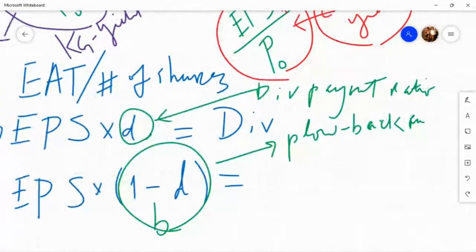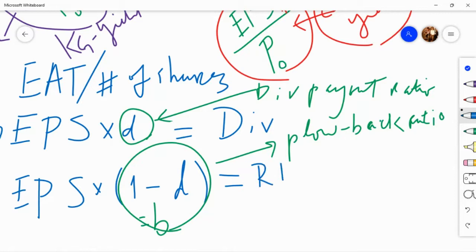So what is plowed back is reinvested into the growth of the company. So 1 minus D is B, the plowback ratio. Then earnings per share times 1 minus D is retained earnings, per share: retained earnings per share.